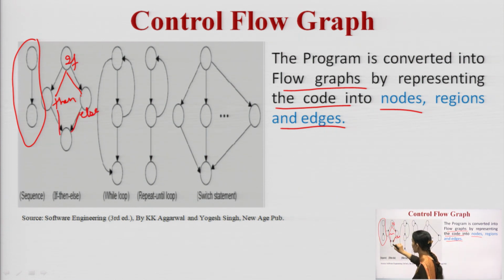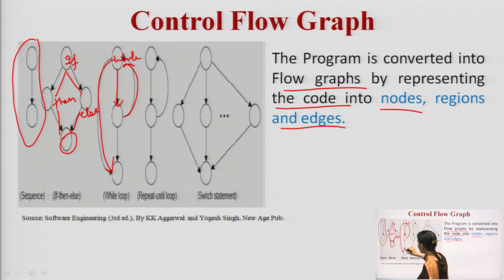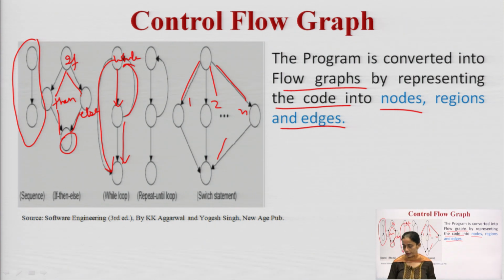After that they are again merged. This is while. If while is true, I will do this till the while ends. If while goes out, then I will go this way. This is repeat until loop, and this is the switch 1 to n case situation. So, this is how I will draw the control flow graph.